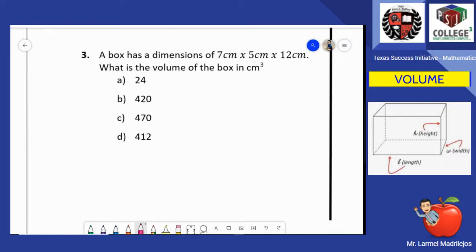What is the volume of the box in cubic centimeters? Like I said, I want you to visualize what they are talking about here. So let's try. This is length, width, and height. The height is 12. My drawing is not exact.